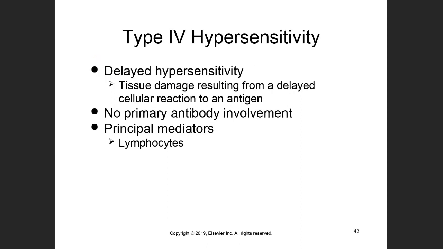Delayed, now we have type 4. Remember, at the beginning, we established the difference between 1, 2, 3 with 4, okay? Type 4 is cell mediated, it's T cell mediated, okay? So this one is delayed, so it's going to take more time to produce the reaction, okay?